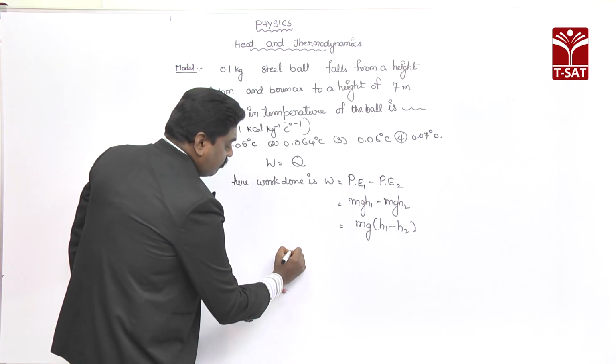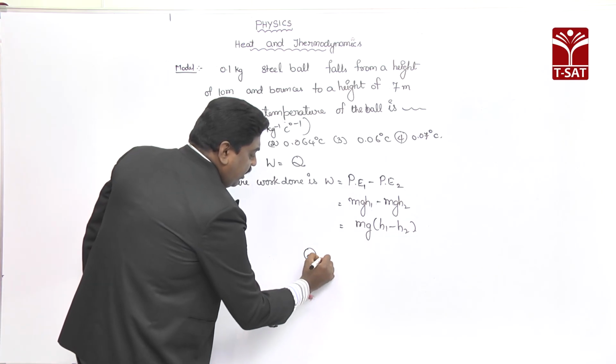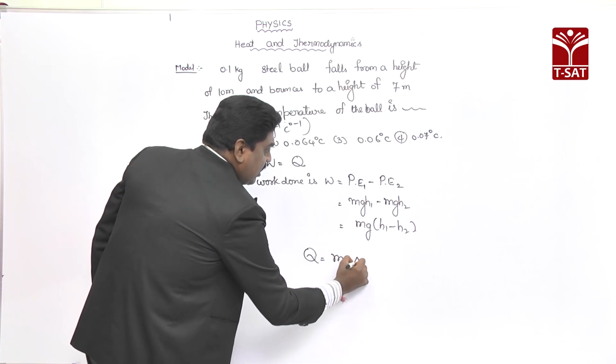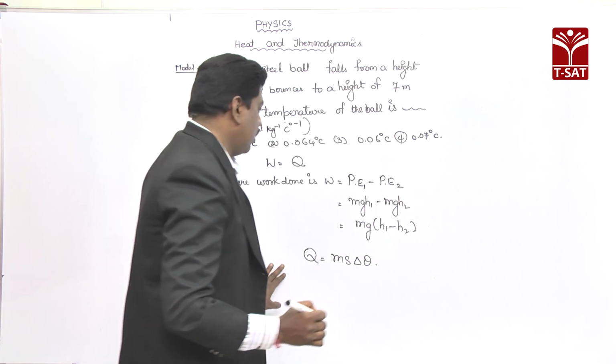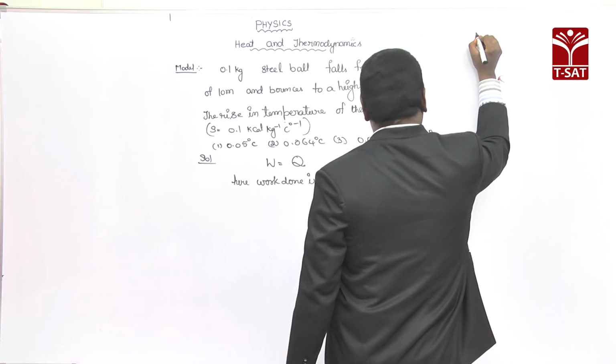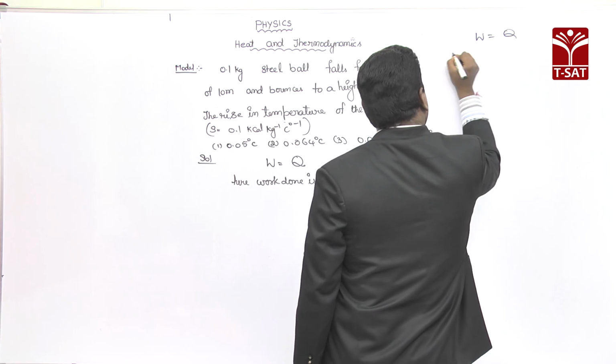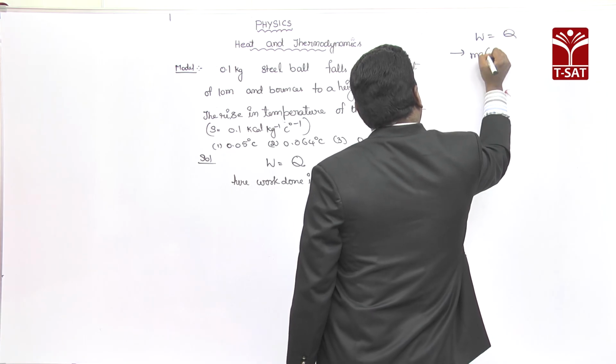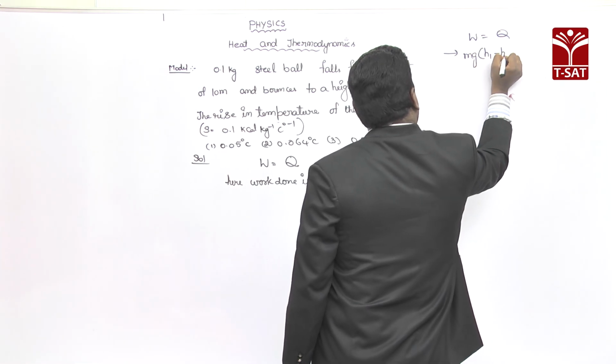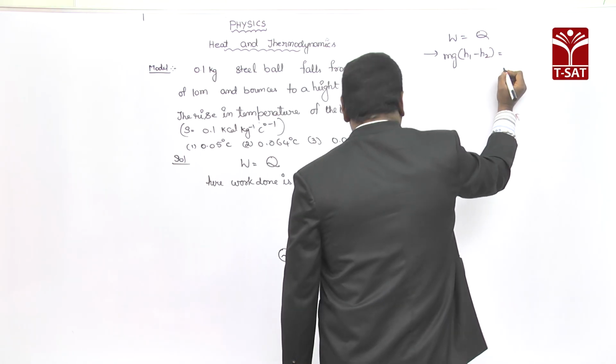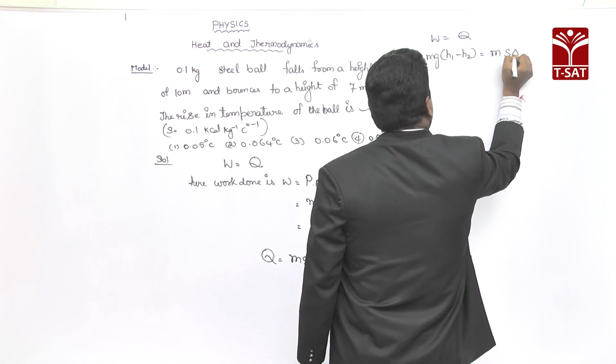So, heat is given as m s delta theta. On equating both of them, we get mg into h1 minus h2 is equal to m s delta theta.